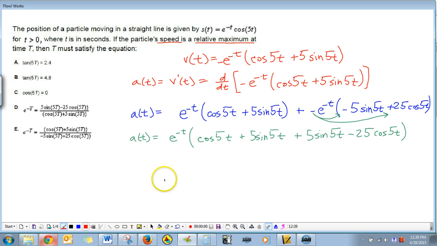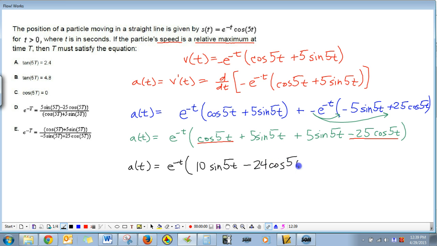And then I get some like terms in there: cosine 5t and negative 25 cosine 5t. So e to the negative t times, here I got 5 sine of 5t plus 5 sine of 5t, so that's 10 sine of 5t, and then these like terms, cosine of 5t minus 25 cosine 5t is negative 24 cosine 5t.